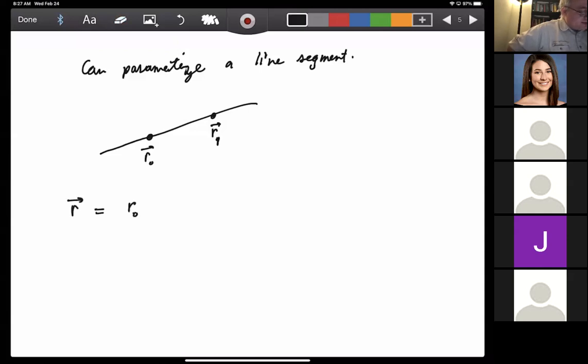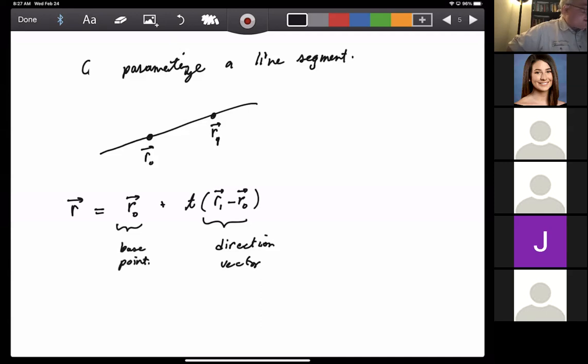Choose R0 as our base point. And we want a direction vector that will point from R0 to R1. So here's our direction vector. This is our base point.